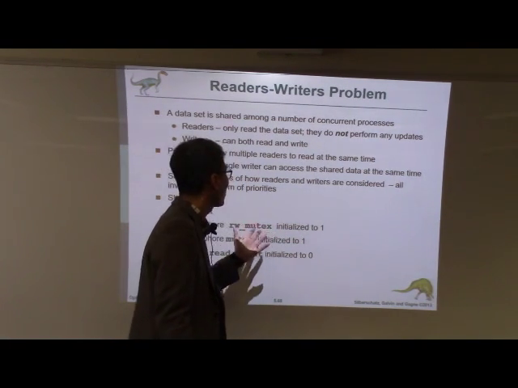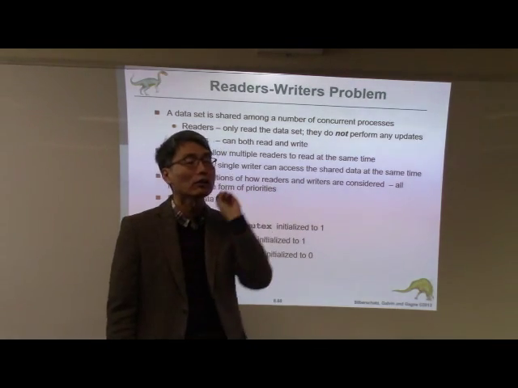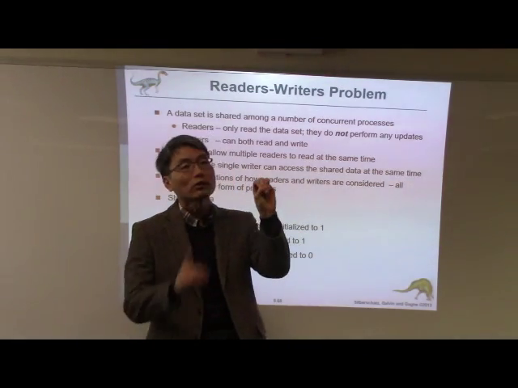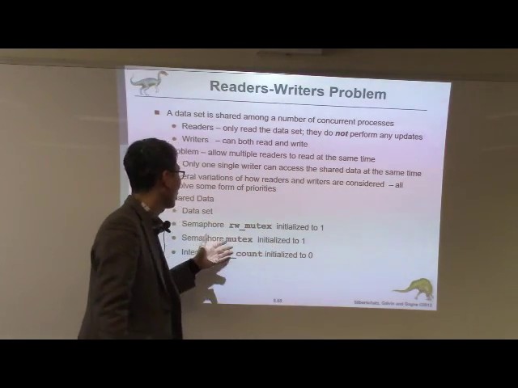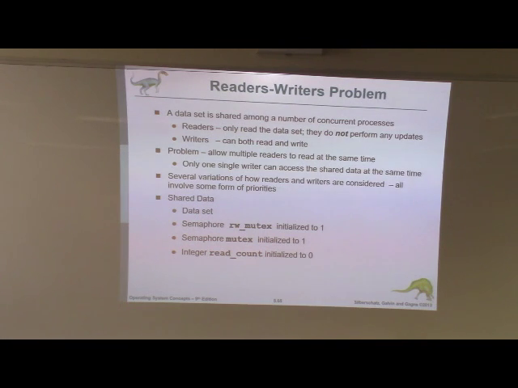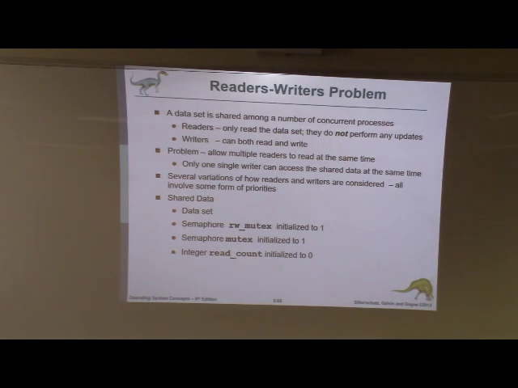It can be a binary semaphore, a mutex lock, because once you get the lock, that's the only process that can write the data. Then here we have another mutex for the reader to enter the critical section, and an integer to manage how many readers. This is not a semaphore; it manages the number of readers.